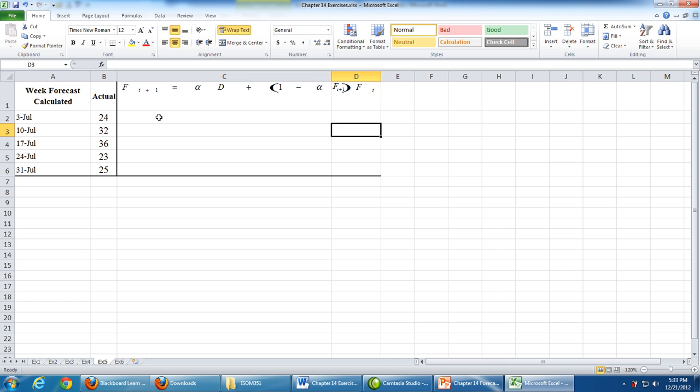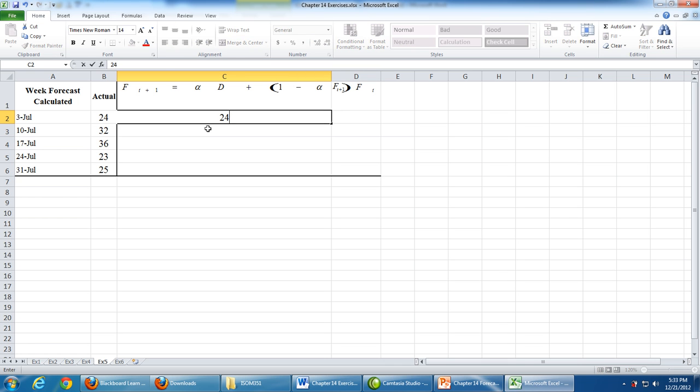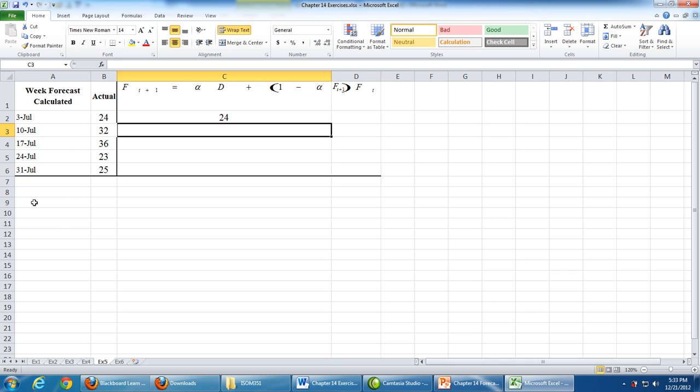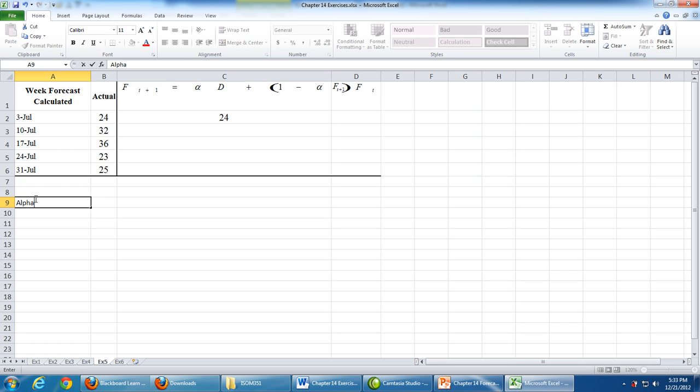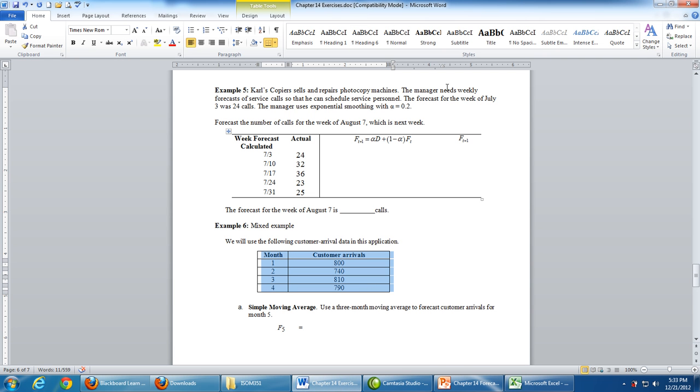Okay, July 3rd, the forecast to start with is 24, and alpha equals 0.2.